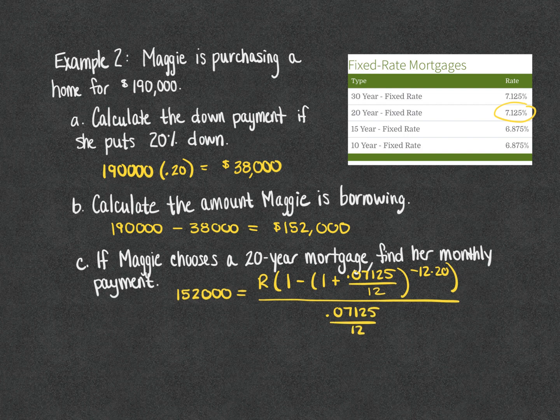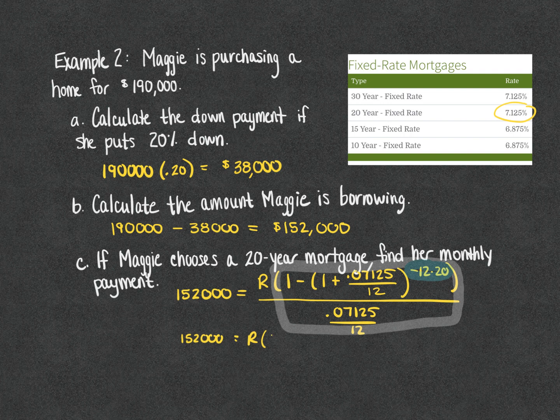And again, just like we had before, we're going to go ahead and take this amount right in here and calculate that out. I am going to take this exponent and write that as a negative 240 in my calculation. And whenever we do that, again, we're going to end up with 152,000 is our R times this number that we get when we do that calculation.